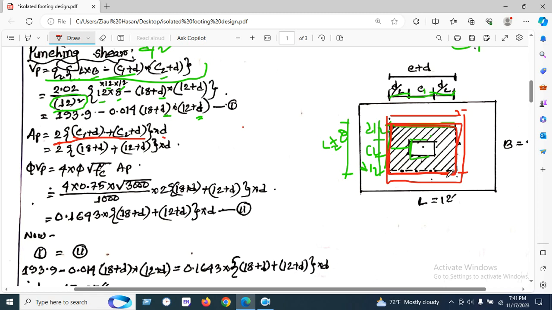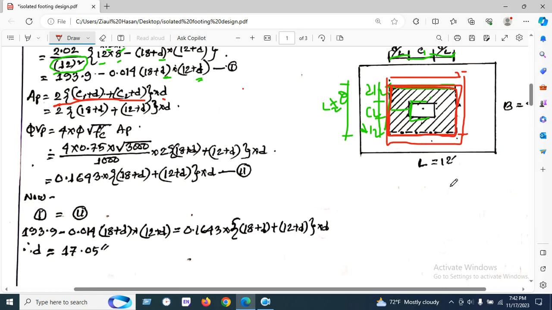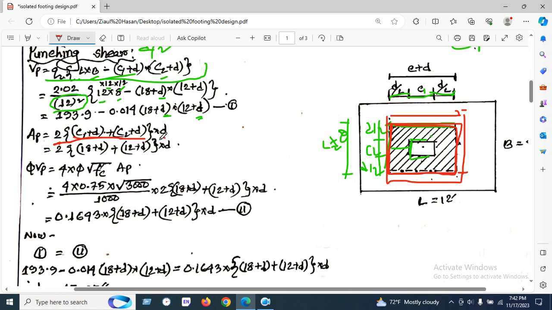And D will be the depth of footing. If the column dimension is the same, then we will use 4 into C plus D into D, as the column dimension will be the same.